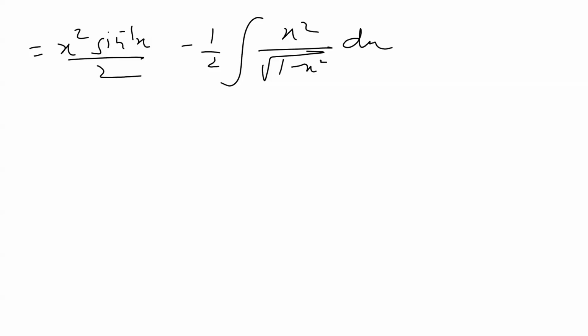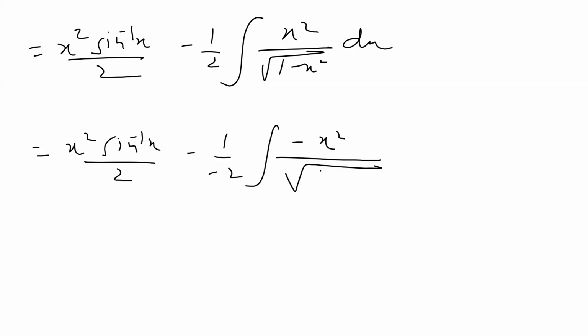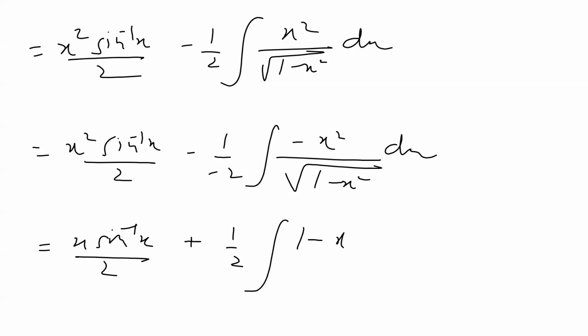Now, since the degree is same, 2 and 2, it is same. Make numerator same as denominator. So multiply and divide with minus first. So x sine inverse x by 2 plus 1 by 2, 1 minus x square minus 1, root 1 minus x square.